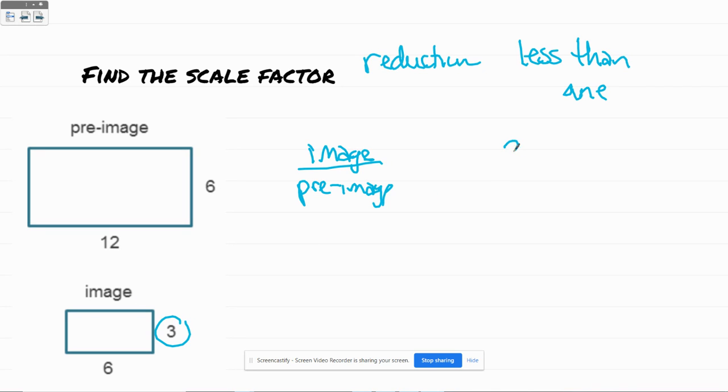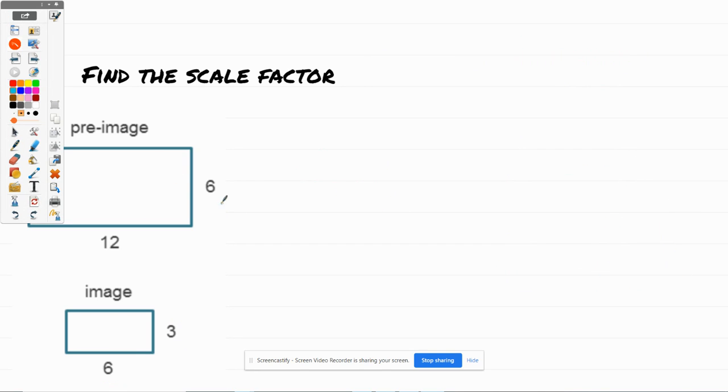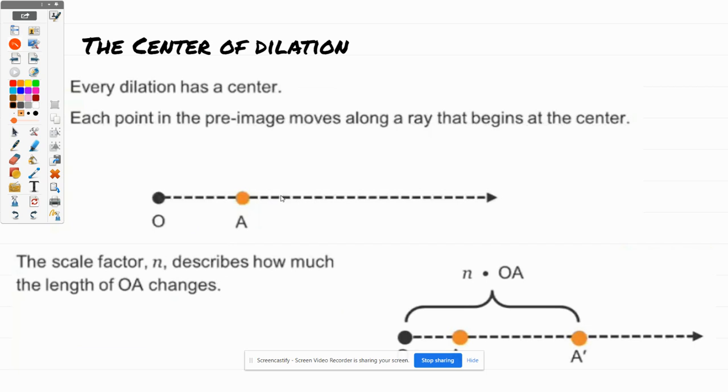Well, what matches up with the 3 is a 6. Well, what fraction is that? That's 1/2. Guess what? Can I do it here too? Yep, I could have used the 6 and the 12 because no matter what I use, I have to get the scale factor being the same, and that will be 1/2. And if I wanted to change from one to the other, I could take 6 times 1/2 to get to 3, or 12 times 1/2 to get to 6.